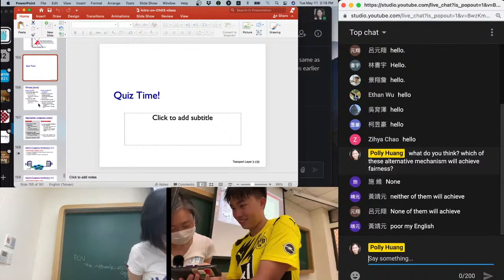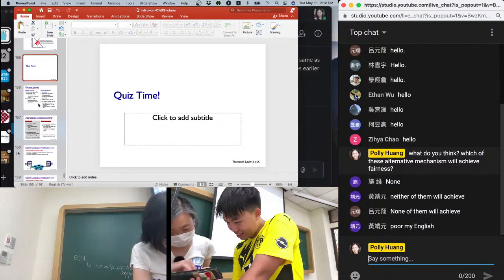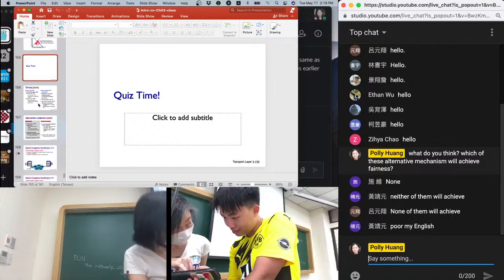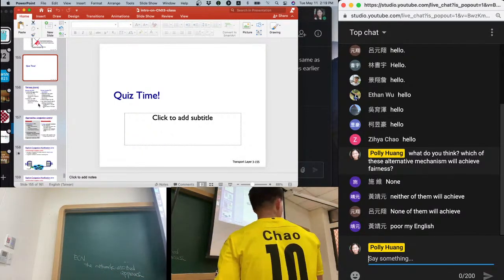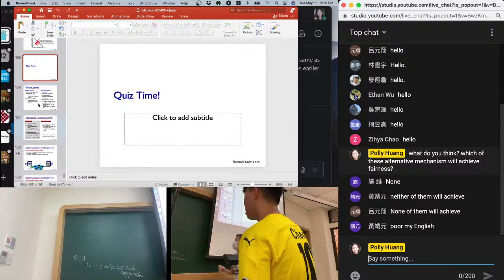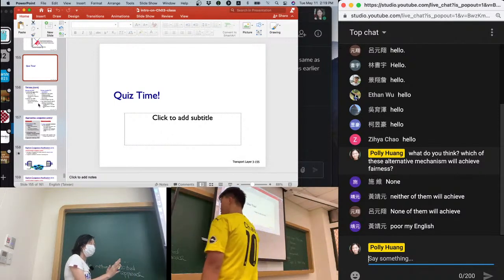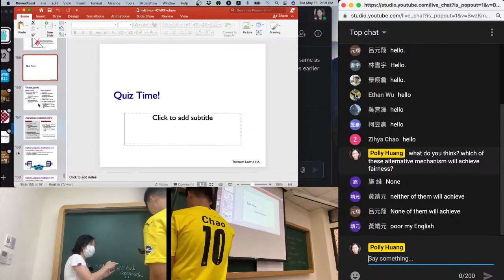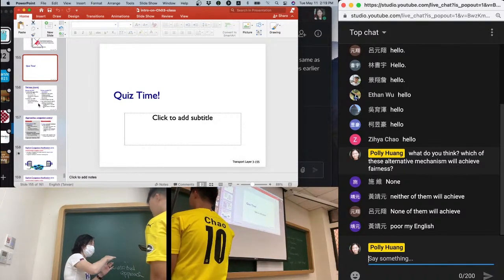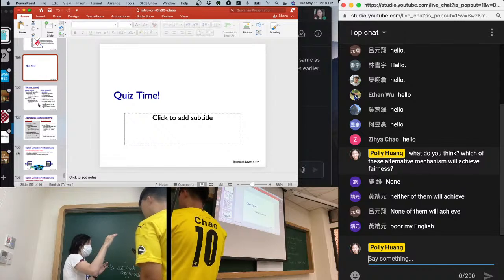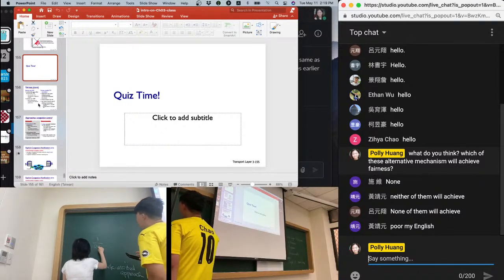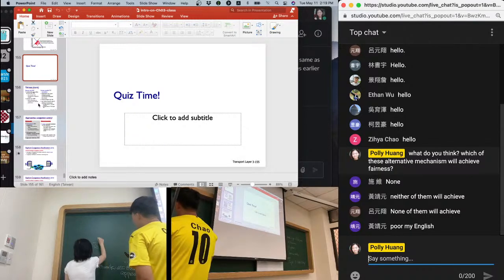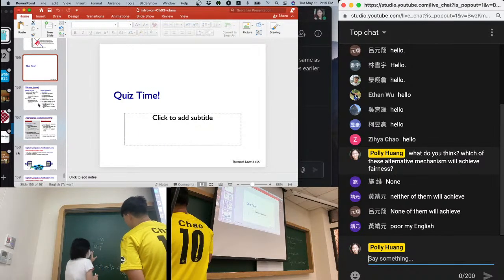So here we multiply by this value. The goal in congestion avoidance is to do additive increase, so you increase the congestion window size by 1 per round trip time, and 1 is 1 MSS.